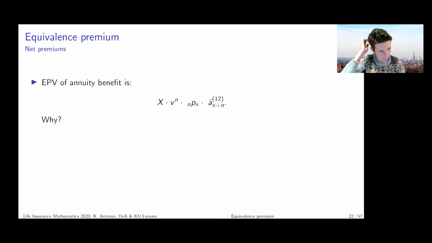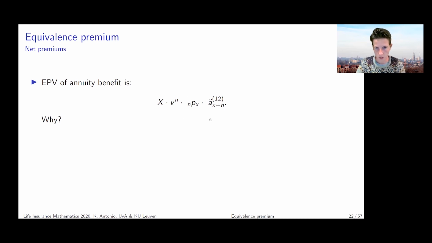So what do we get as the EPV of our annuity benefit? So what I've got here is X, and then I've got the N-year deferred life annuity issued to an X-year-old that pays monthly, right? Where the X is referring to the amount that is paid over a period of 1 year. So the X is going to be paid in 12 equal installments.